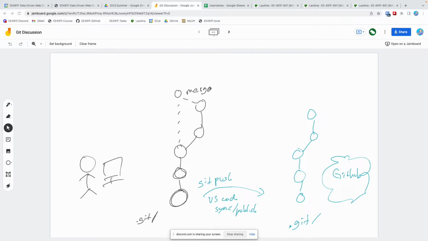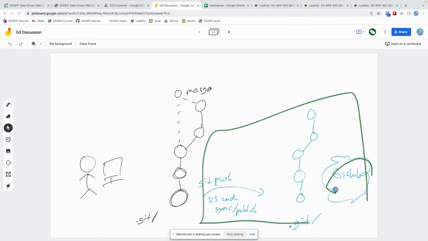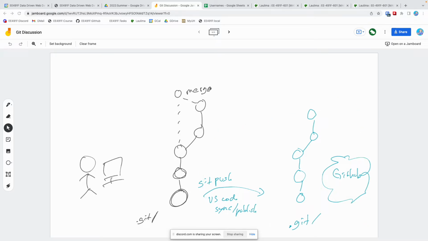So when you push, it's pushing to servers. Push relates to GitHub and your own computer. Merge relates to the commits and how they're connected. Merging and branching relates to how the commits are related. Does that help?